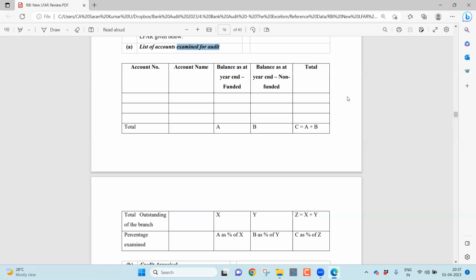I have seen many people fill this table just to get the percentage big. There is a lot of issue because they have added one extra row with the title percentage examined.